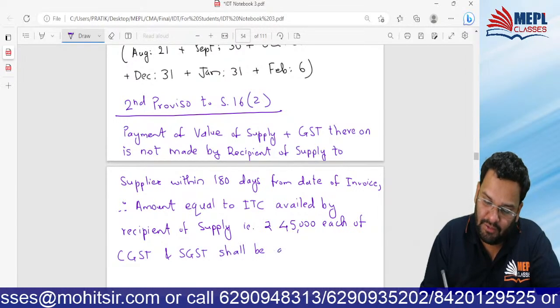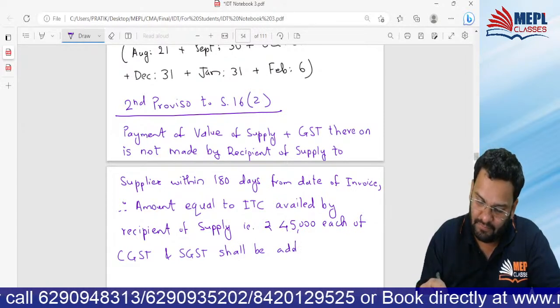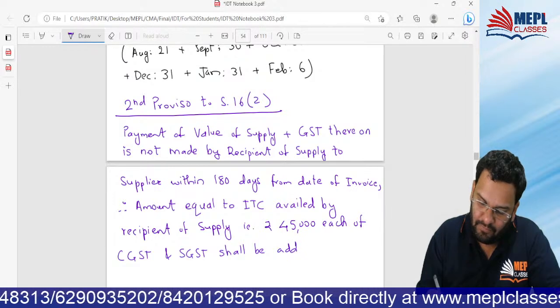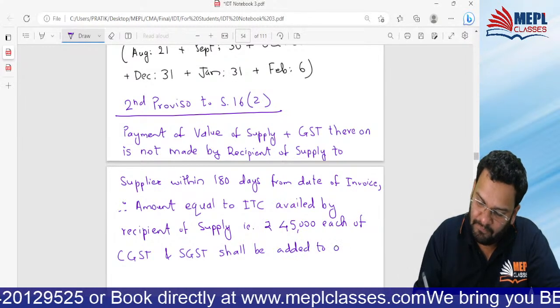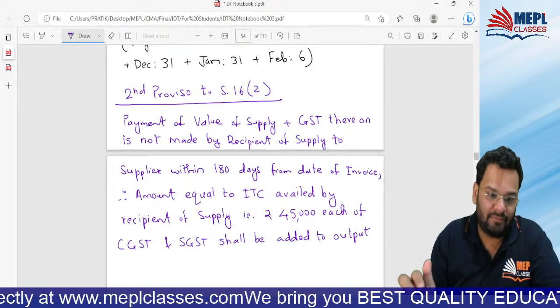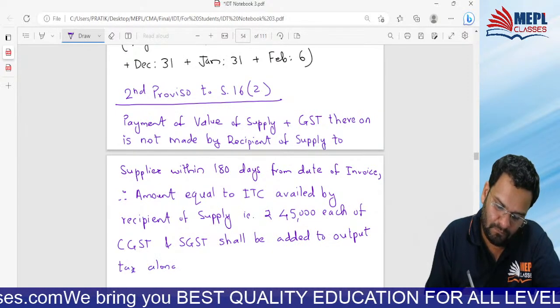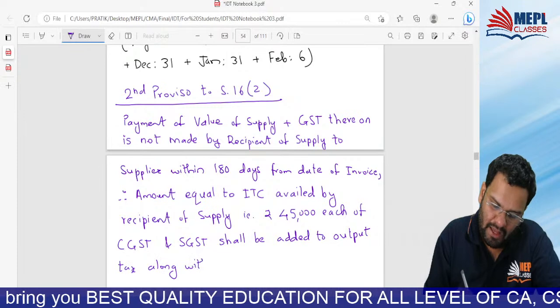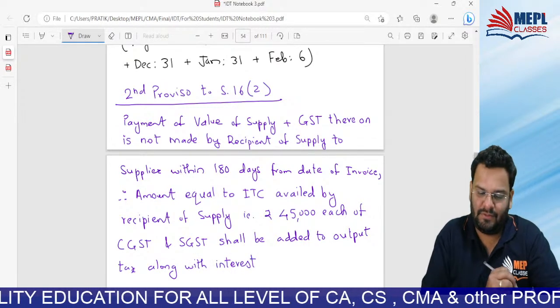Shall be added to output tax, along with interest.